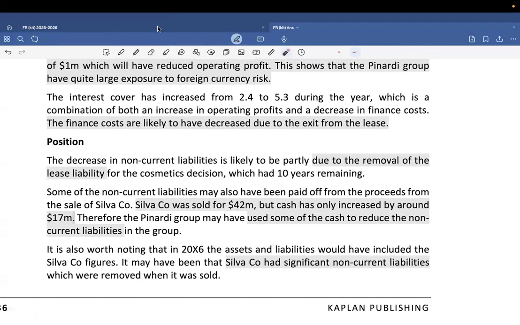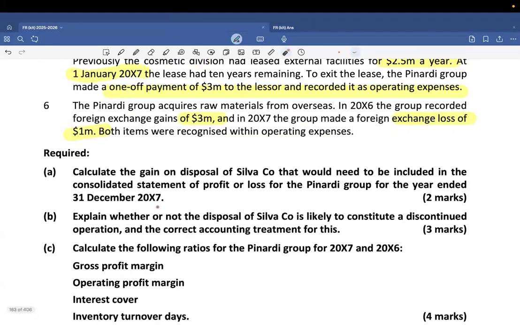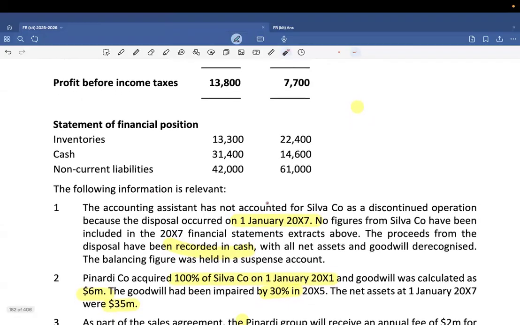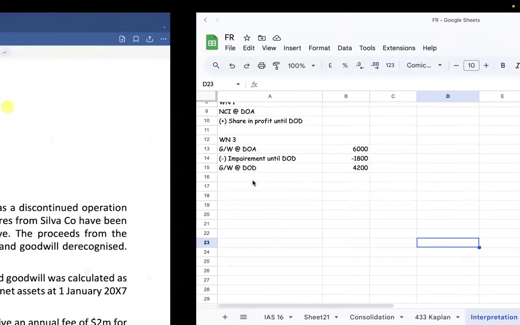Now, if you look into this, this is the SOFP. See the non-current liability. What happened to non-current liability? It has majorly decreased. Why has it decreased?